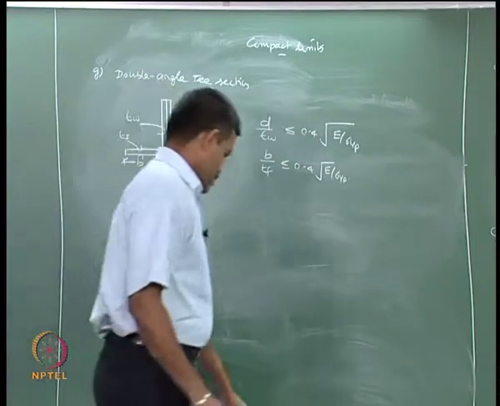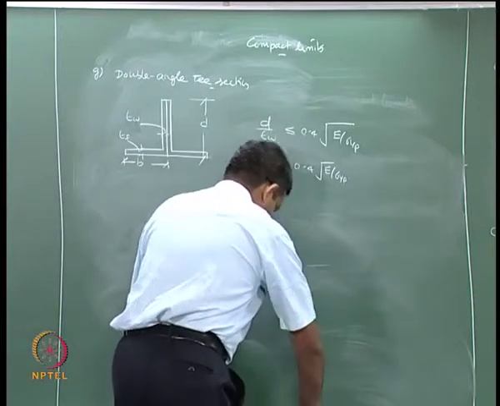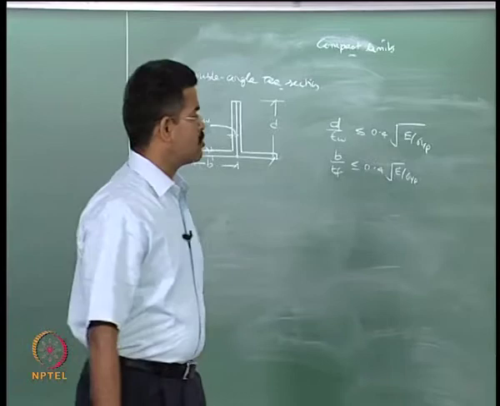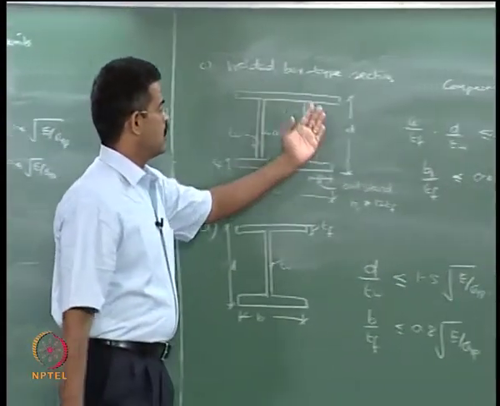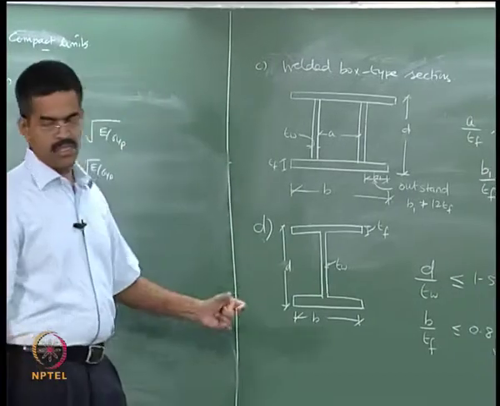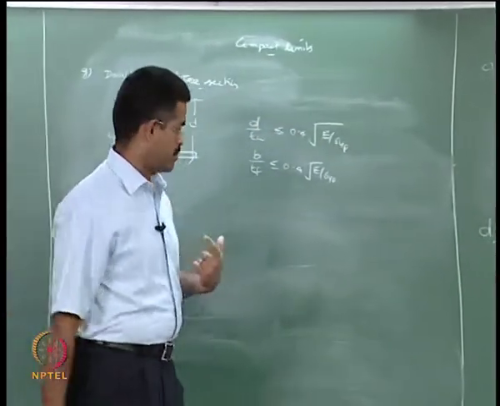So, these are some of the guidelines suggested by the codes, based on the geometric composition of different elements, to establish whether the given section is compact or non-compact.